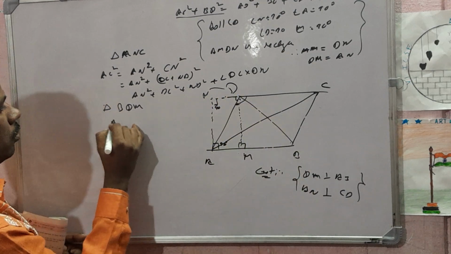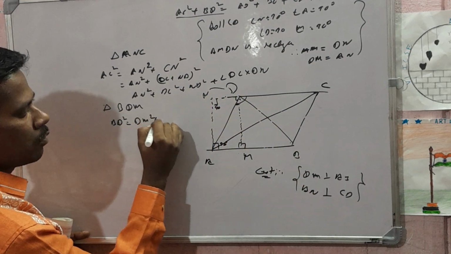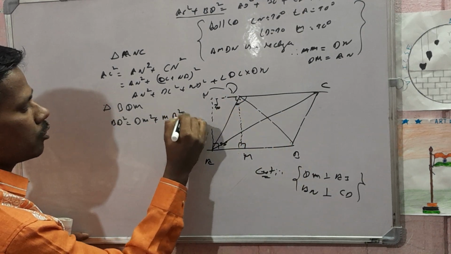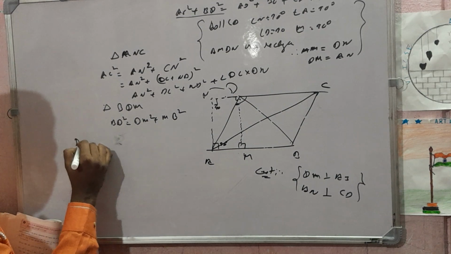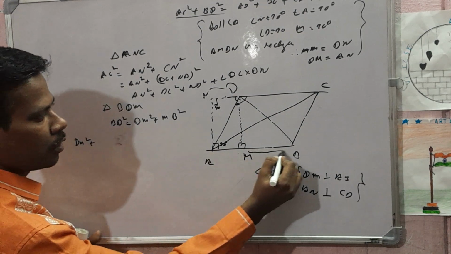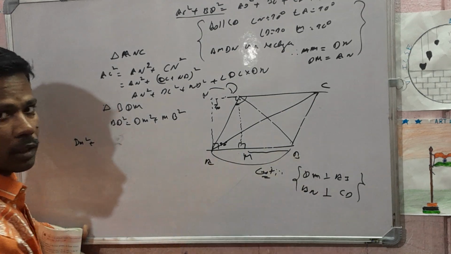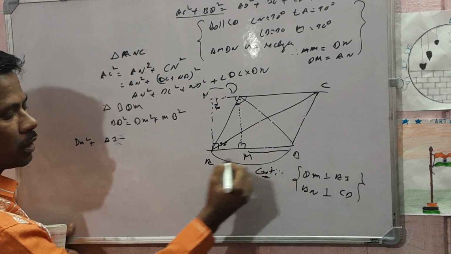BD square is equal to what you will get? DM square plus MB square, since the square on the hypotenuse is equal to the sum of squares on the other two sides. Right? So DM square plus MB square. This length, how will you get? This complete length minus AM.